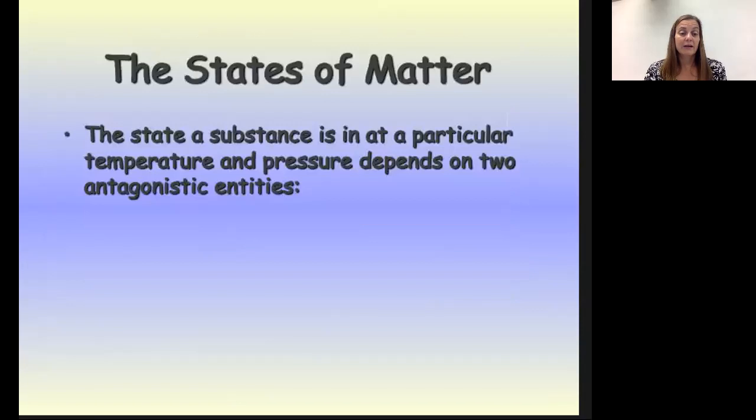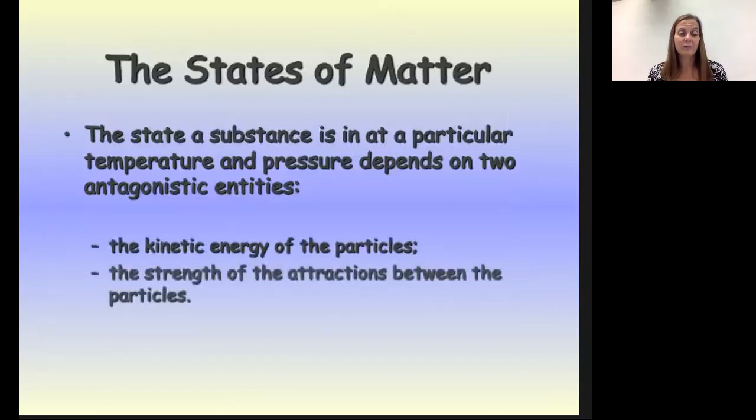So we care about it because when we talk about states of matter, so solid, liquid, or gas, the state that a substance is in at a given temperature and pressure depends on two things, and those two things are working against each other. One is the kinetic energy of the particles. The faster they're moving, the more likely they are to be able to get away from each other.